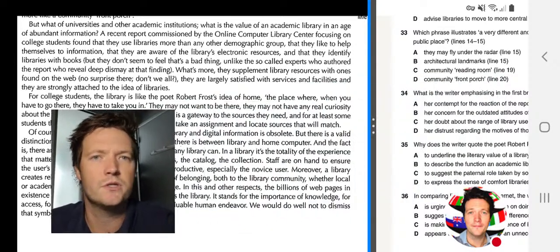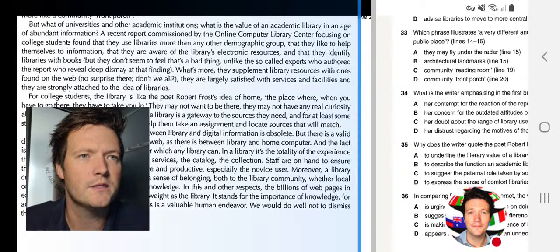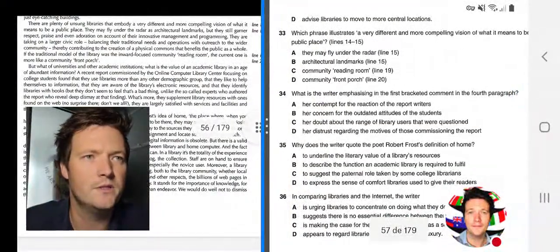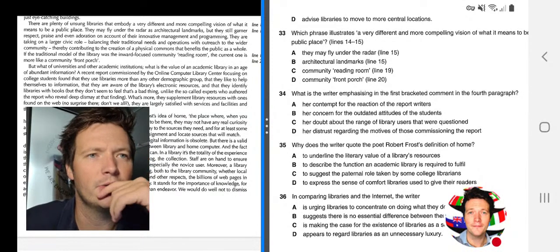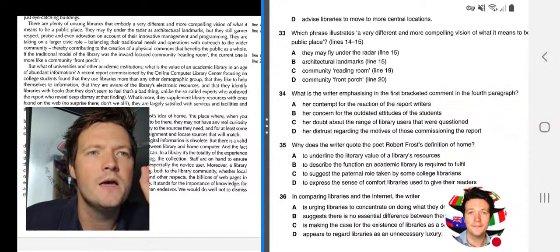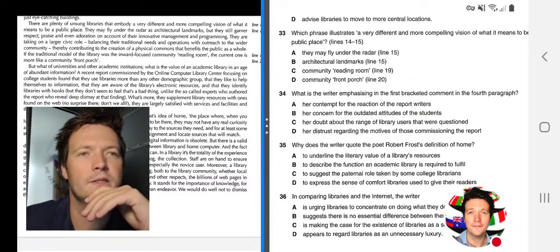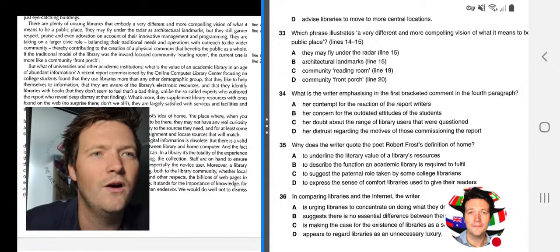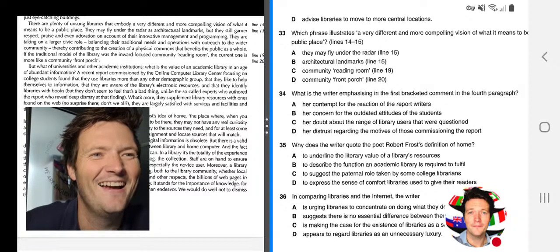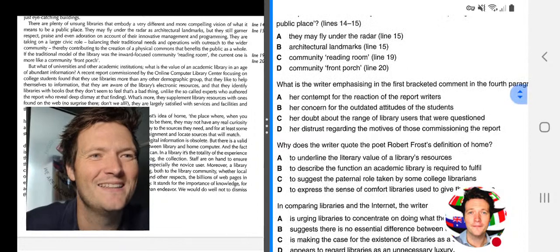I'm going to just look at the answers now. Let's have a look at the possible answers for number 34. What is the writer emphasizing in the first bracketed comment? A, her contempt. Oh, it's a woman writing. I didn't know that. So her contempt for the reaction of the report writers.